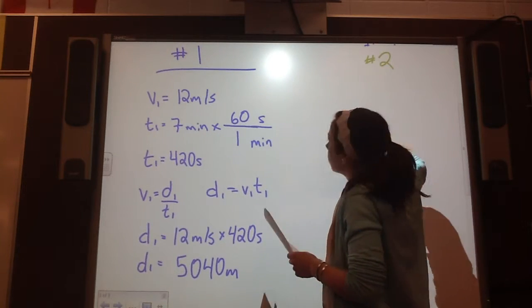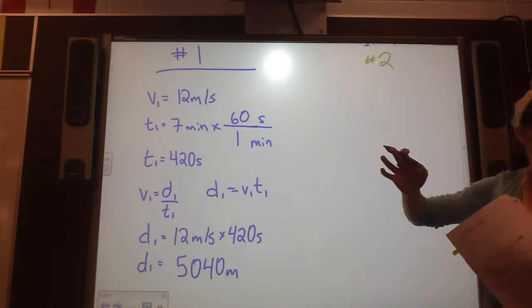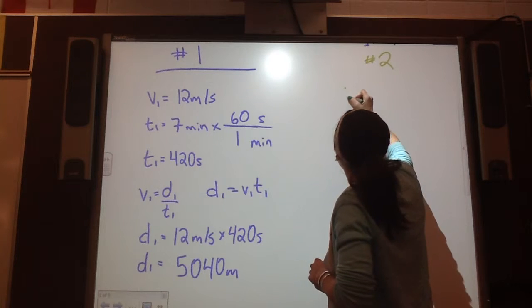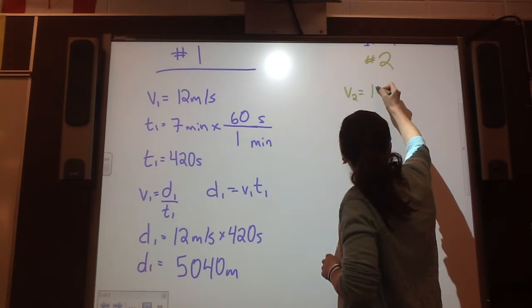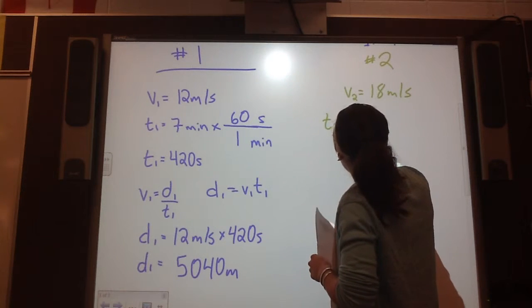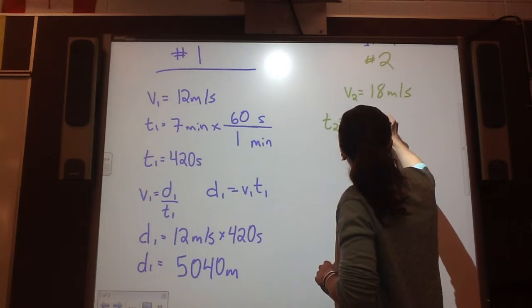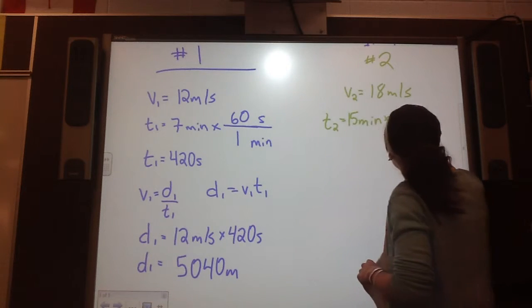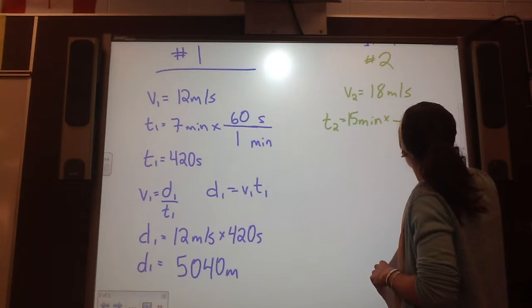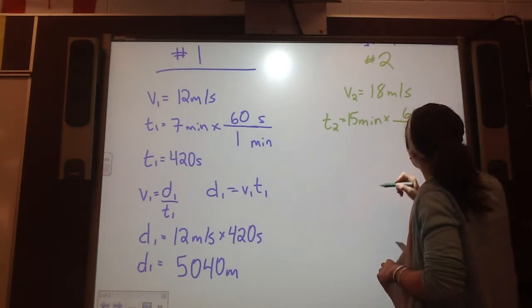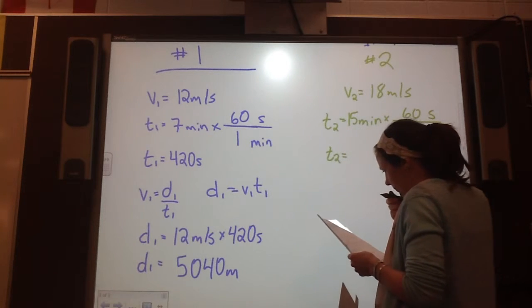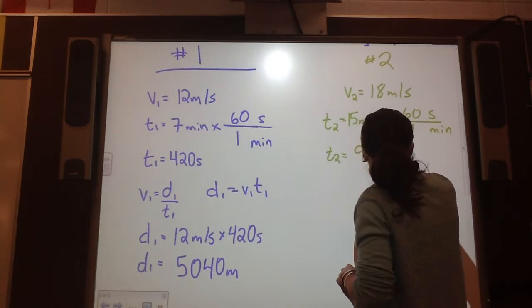So number 2. This is when he turned around and went west. So we need to find how much distance he went when he went west. My second velocity is 18 meters per second. And the time, T2, was 15 minutes. I need to convert that into seconds. So I have minutes on the bottom, seconds on the top. So I get 900 seconds.